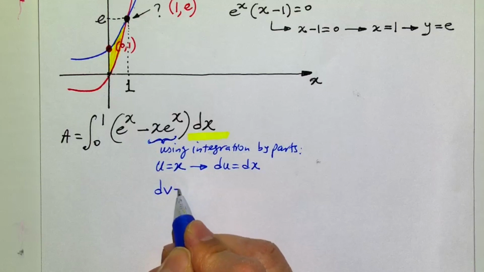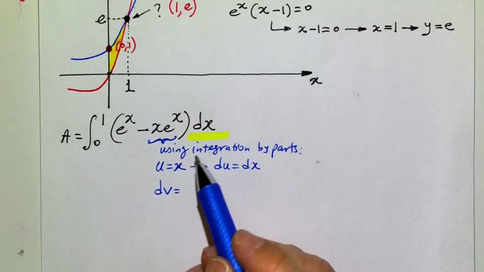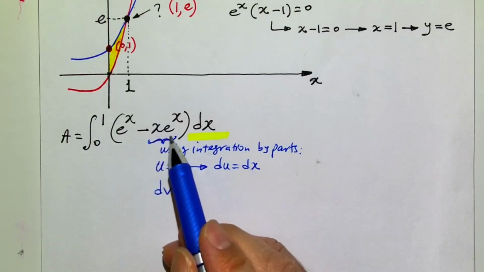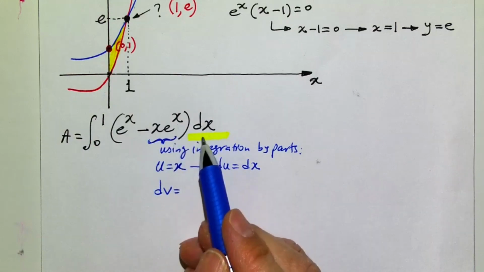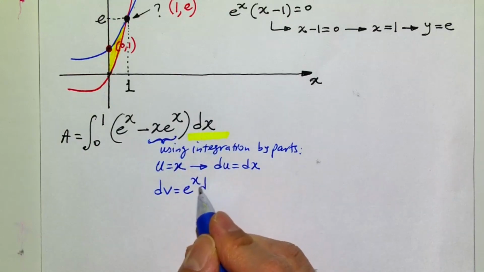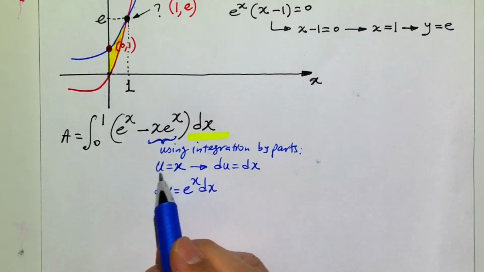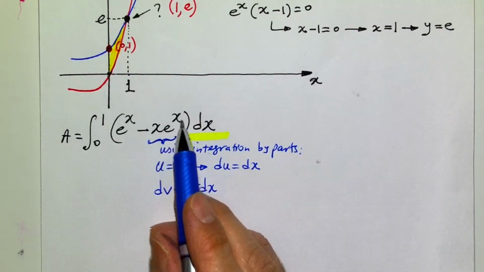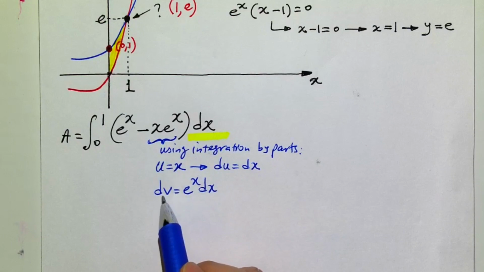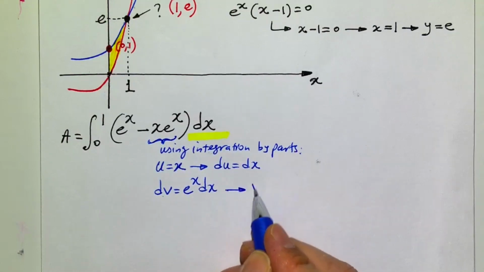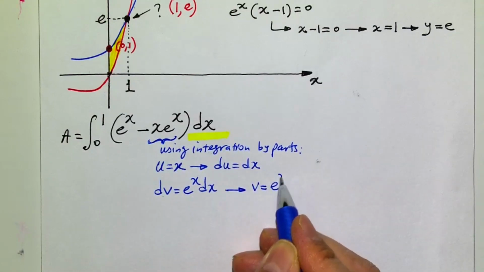Then dv, since u is x, dv is going to be e to the x dx, that's the only thing left. So e to the x dx is our dv, which means v is going to be e to the x.